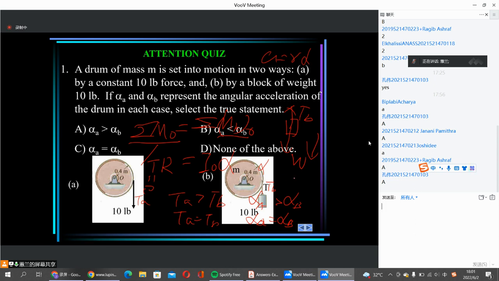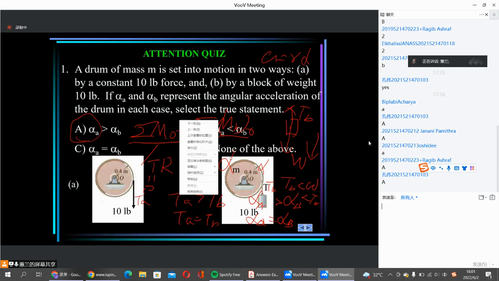So that means T_B should be smaller than W, so smaller than T_A, right? T_B smaller than T_A. So we know that alpha A will be larger than alpha B. This is one way.